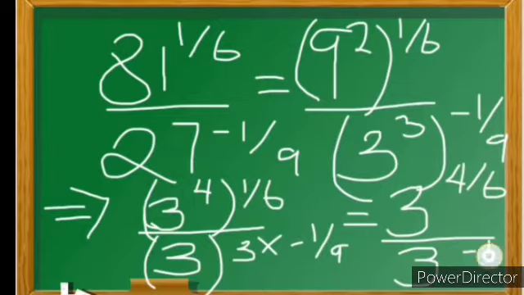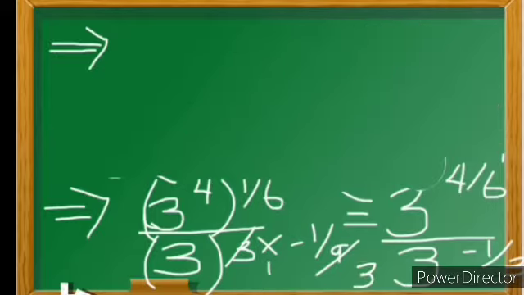We're going to multiply 3 raised to power 3 times minus 1 over 9, where the 3 and 9 cancel out, which will give us 3 raised to power minus 1 over 3. And so we'll also reduce the power in the numerator to 3 raised to power 2 over 3.